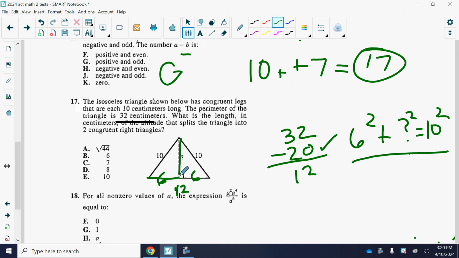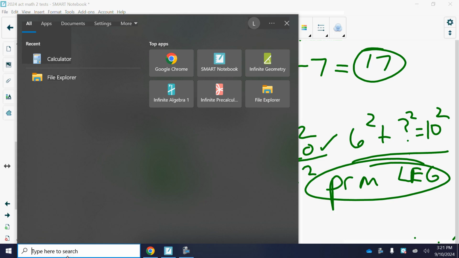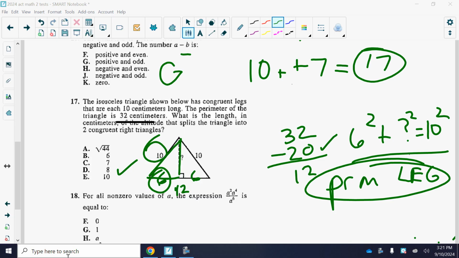There's your A, there's your B, there's your C, and many people recognize it. It's also a program. You could use the program called leg, and what do you enter? 10 is the hypotenuse, 6 is the leg. Answer D.